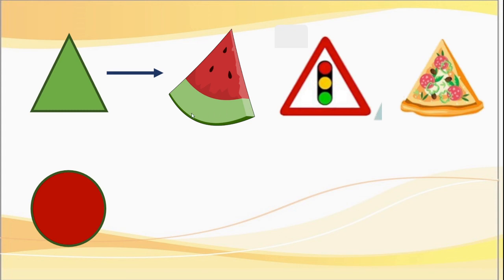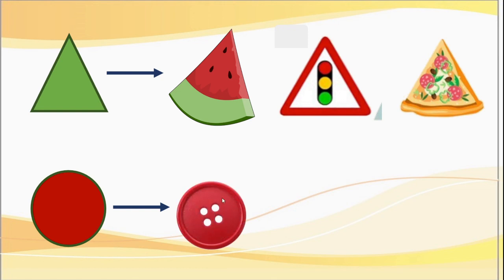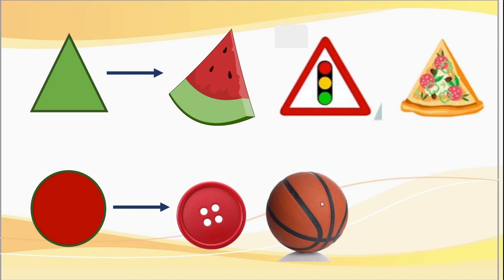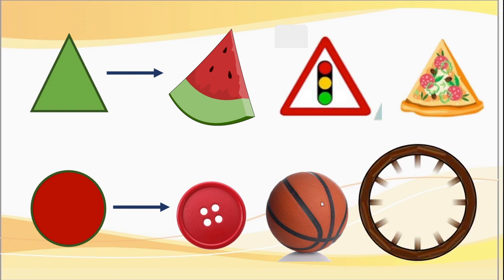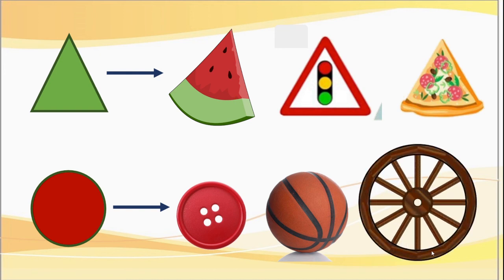They all have triangle shape. They are triangular in shape. Circle, see, this is button. This is ball. And this is a wheel, isn't it? All have a round shape or circle shape, correct?